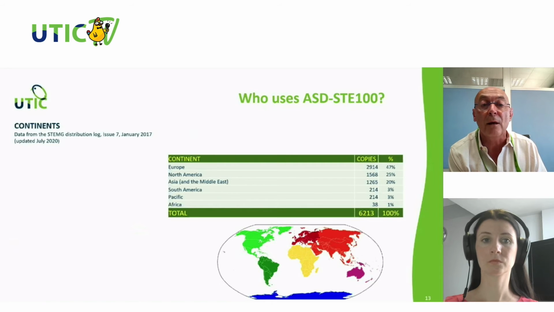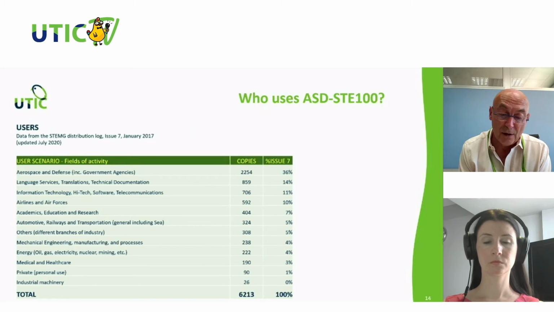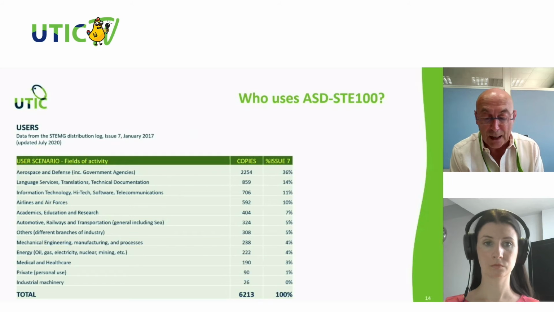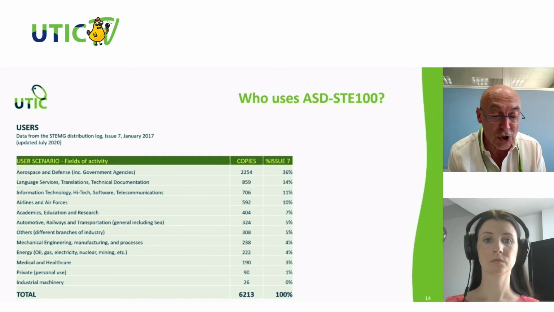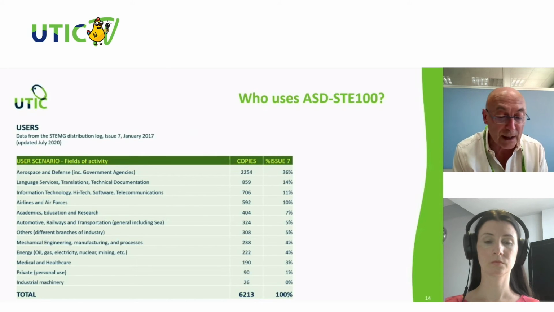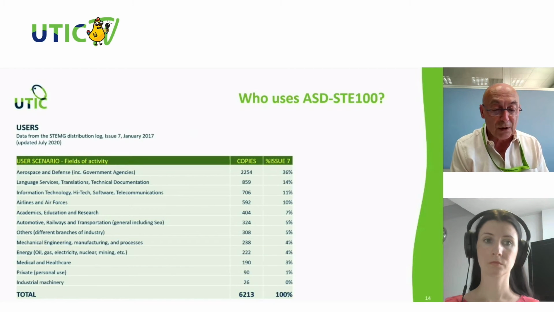In the next one, which is very interesting, because we can see in which fields of activities the STE users are located and distributed. It is very significant, the position number 2, related to language services, translation and technical documentation in general. Then we have information technology and IT, high-tech software and telecommunication, and then also the academic centers, universities just after the airlines.